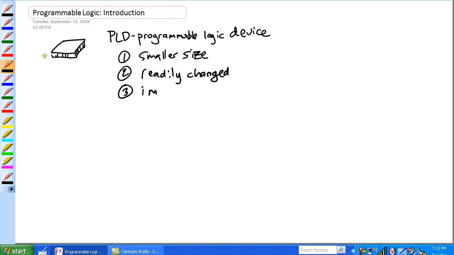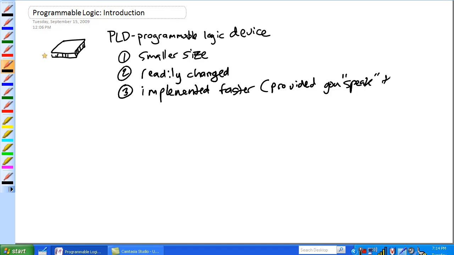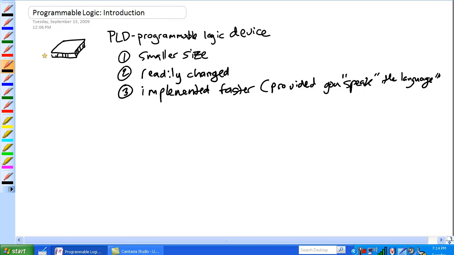Three, a design can be implemented faster. This is to say this, provided you speak the language. That's the key point there, is you got to know how to program these things, and they are substantially faster than a fixed function.